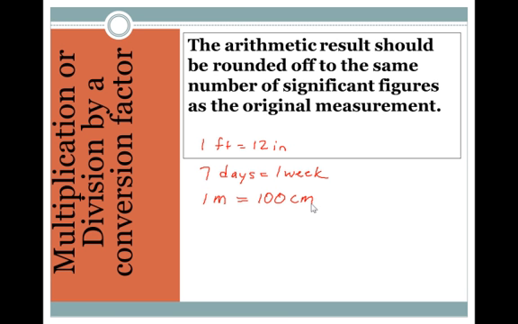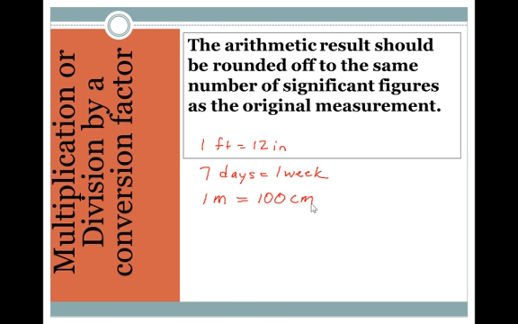Now those are all considered to have no uncertainty because they are the result of definitions, not measurements. Therefore, the resulting answer should contain the same number of significant figures as the measurements.